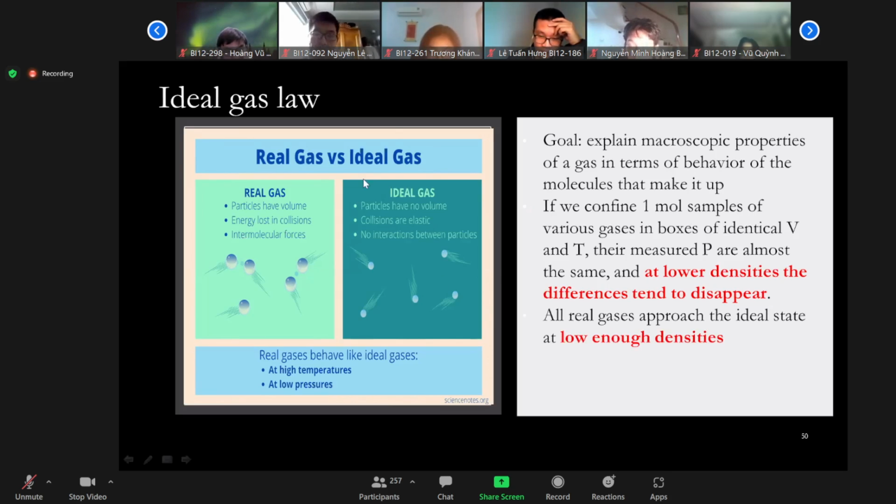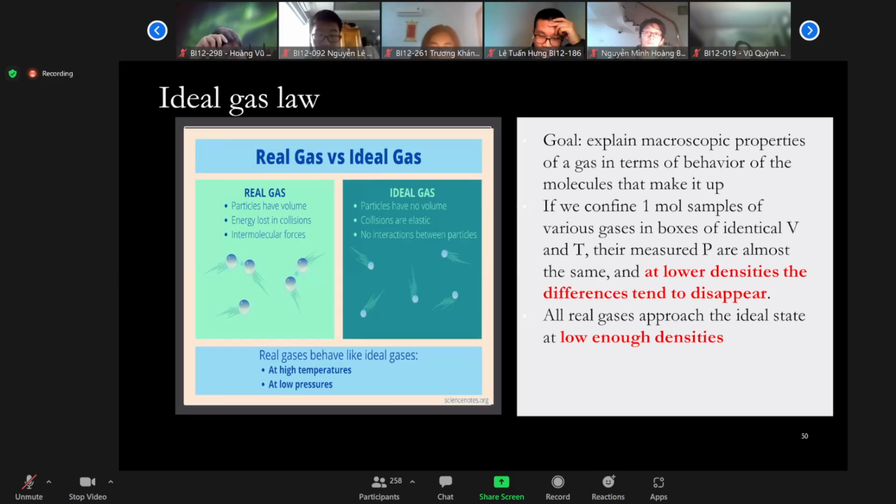If you look at this figure, we are talking about the ideal gas and the real gas. Ideal gas is based on the assumptions that I already gave you in previous slides. The characteristics of real gas are different.